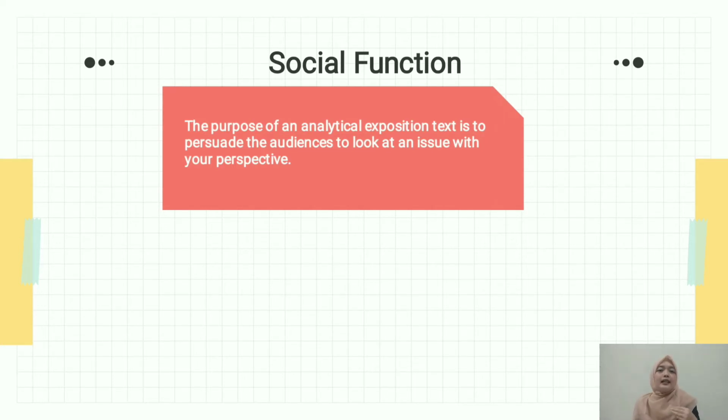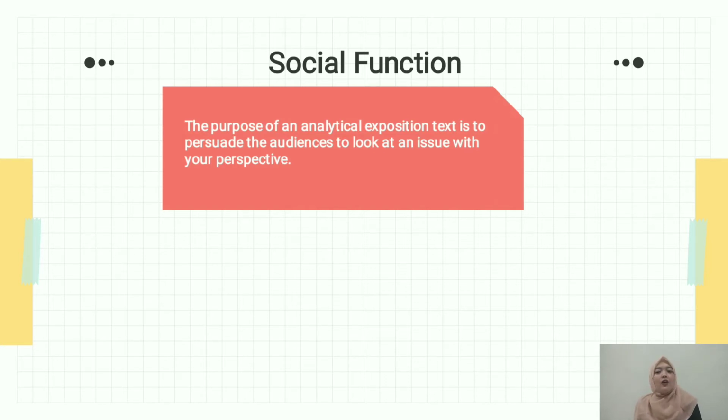Okay? Bisa the listener atau the reader. Jadi, intinya adalah ketika kita menggunakan analytical exposition text, berarti kita ingin mempengaruhi orang lain, si pendengar atau si pembaca, untuk setuju dengan apa yang kita katakan atau argumen-argumen yang kita berikan.